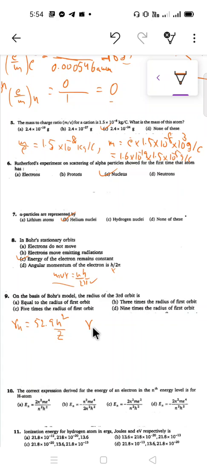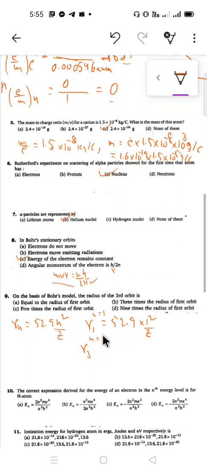For R1, we substitute 52.9 into 1 square, as for R1, n is equal to 1, by Z. They do not mention which atom it is, so simply leave it as Z. Next, calculate R3.